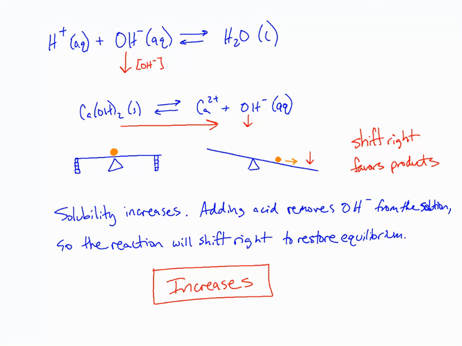Suppose calcium hydroxide were placed in a basic solution. Would the solubility of calcium hydroxide increase or decrease? Explain the change in solubility using Le Chatelier's principle.